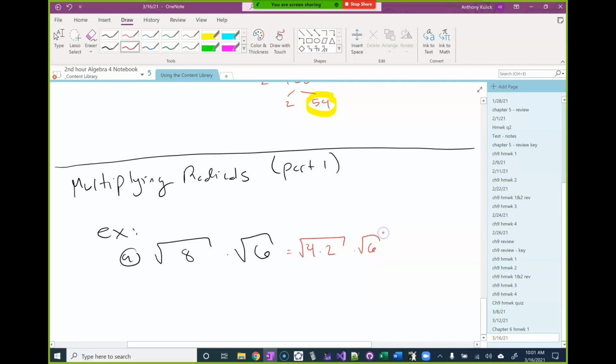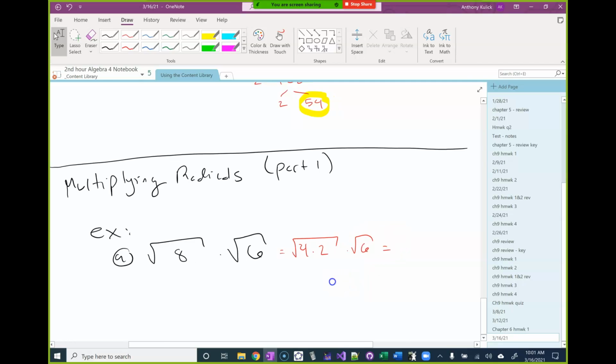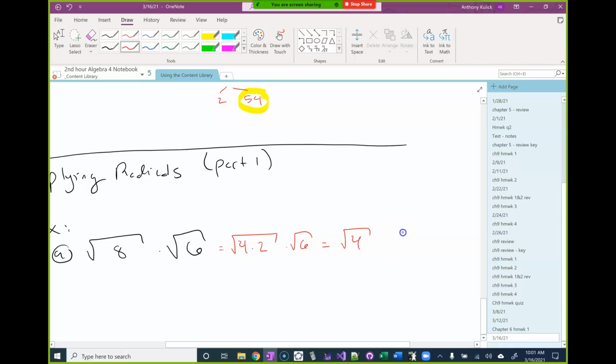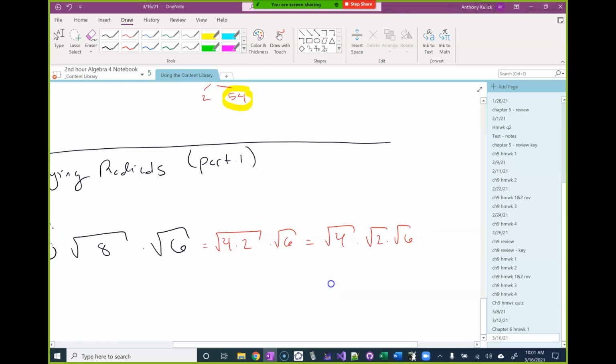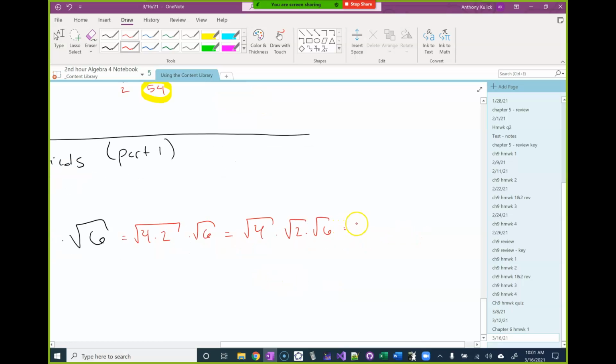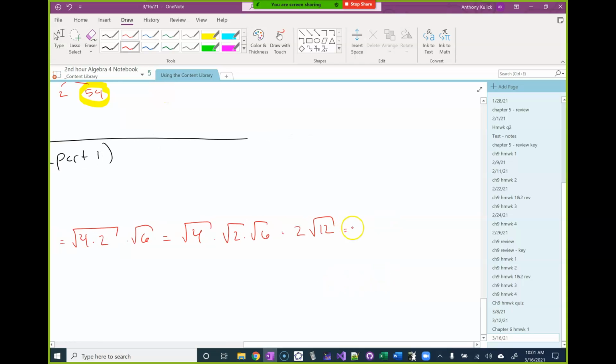How about 4 and 3? So that gives me 2 times 2 root 3, or 4 root 3. So that's one way we could have approached that problem. Everybody okay on that?